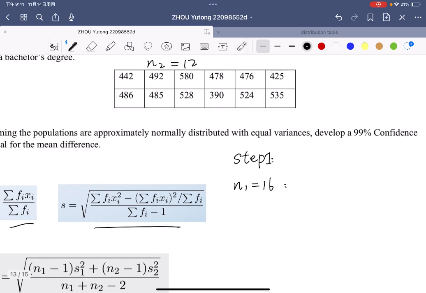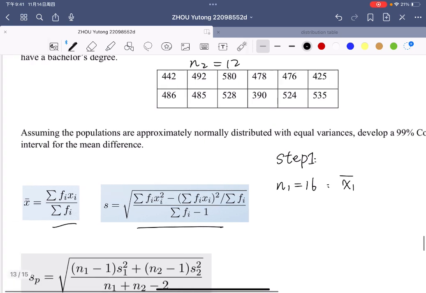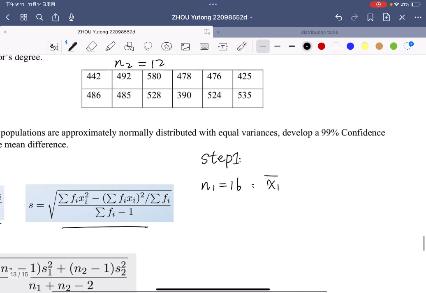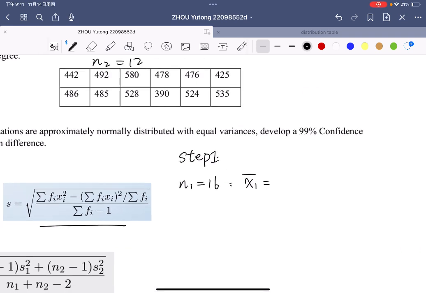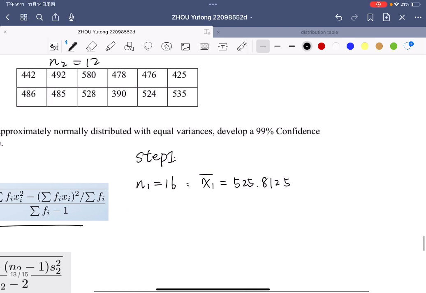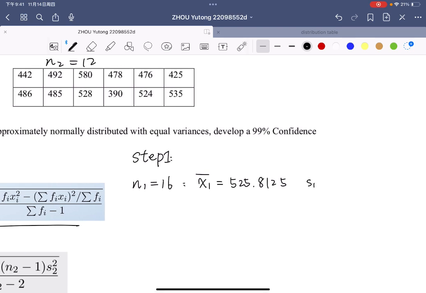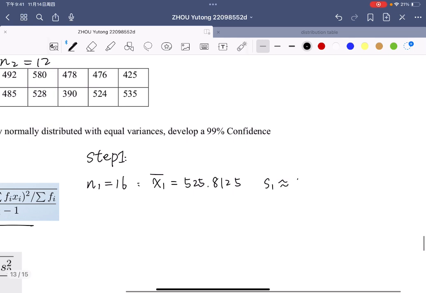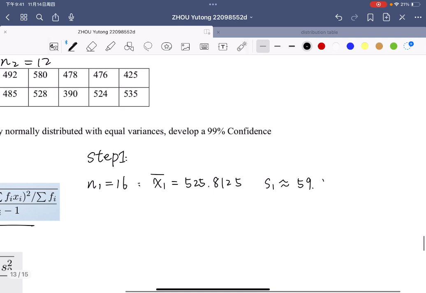And here I use my calculator to get the sample mean for set 1, which is 525.8125, and the standard deviation for the first sample set is approximately 59.801.